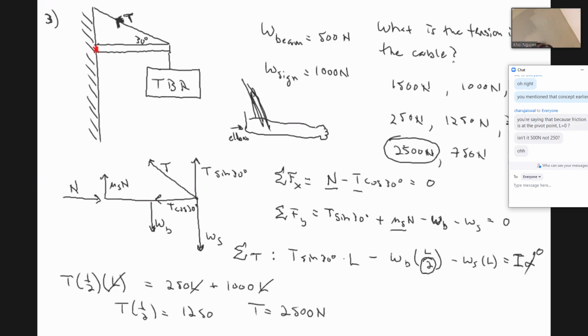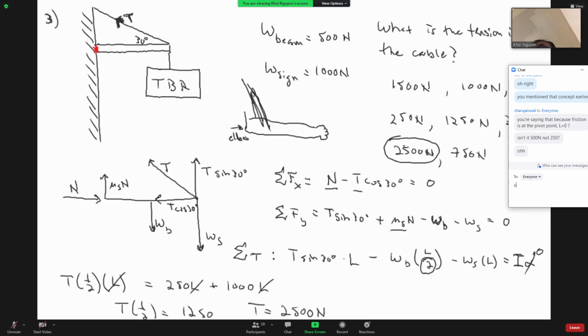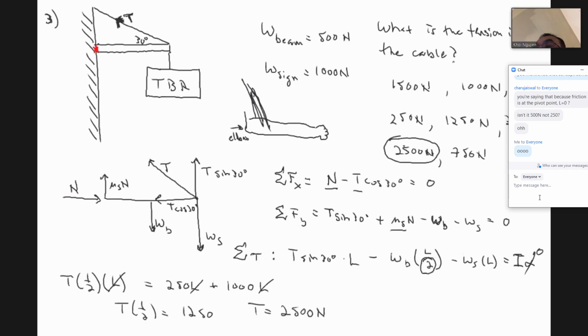Does this problem seem more applicable now to medical science? So this is your backpack that you're holding, right? This is some weight. This is your groceries that you're holding on your arm. So instead of the weight of the sign, it's the weight of your backpack or the groceries that you're carrying, right? Or your books.